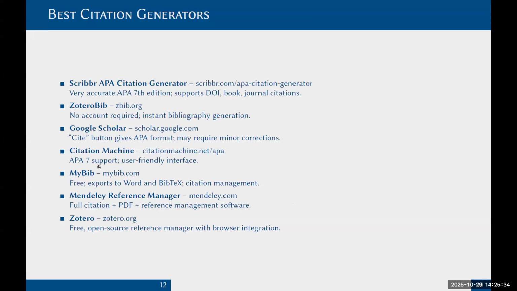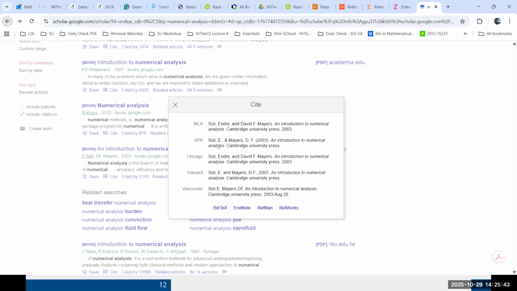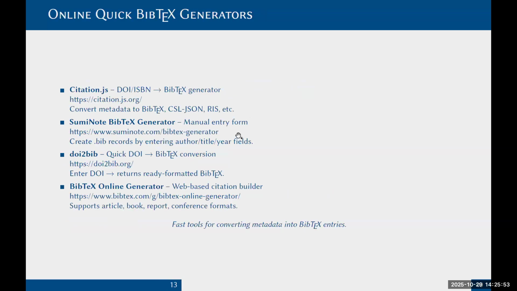Okay, there are other tools as well, you can have a look at them. These are also very useful sometimes, because Google provides only a few reference styles. For other reference styles, there are other tools as well. Then you have an online quick BibTeX generator.